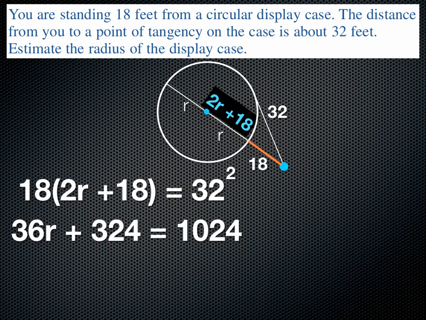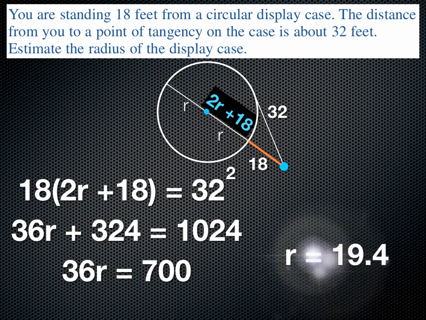You wind up with 36r plus 324 equals 1024. To solve for r, I first need to subtract 324 from both sides. When I do so, I have 36r equals 700. To solve for r, divide by 36 on both sides, and when you do, you get 19.4. So the radius of my circle would be about 19.4 feet.